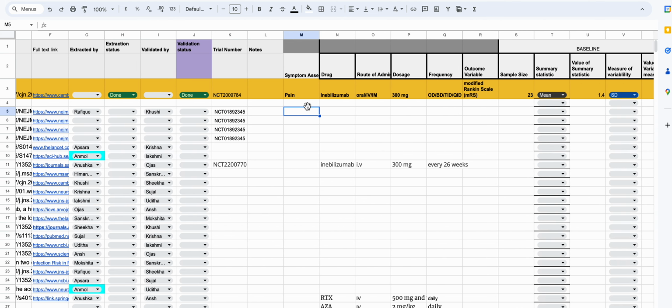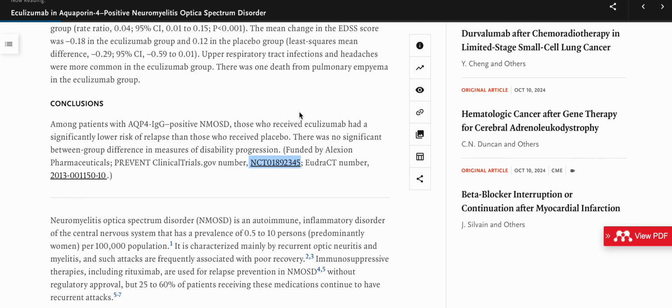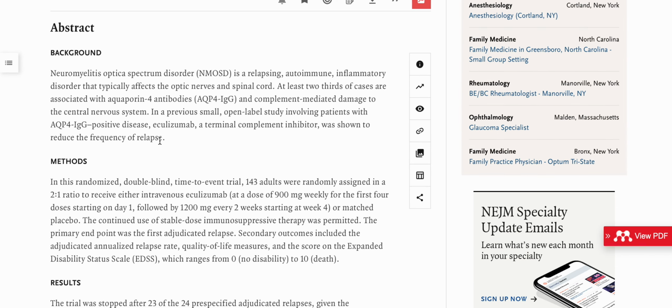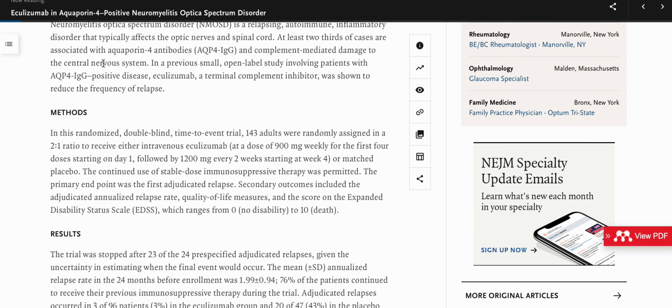And then for example, symptoms assessed. Here we would have to go through the abstract again. It is saying at least two-third cases are associated.